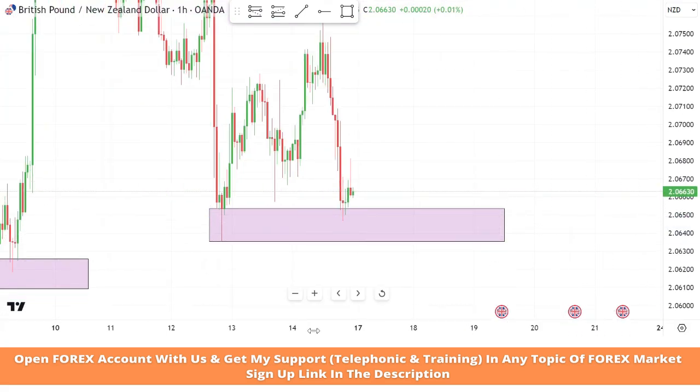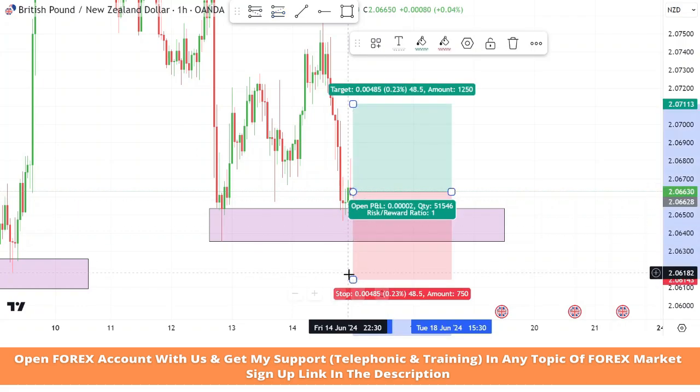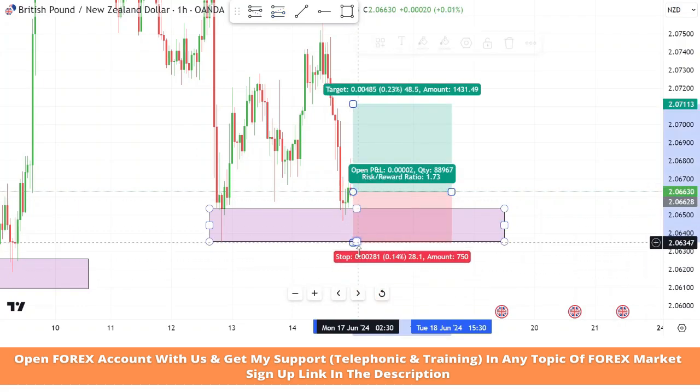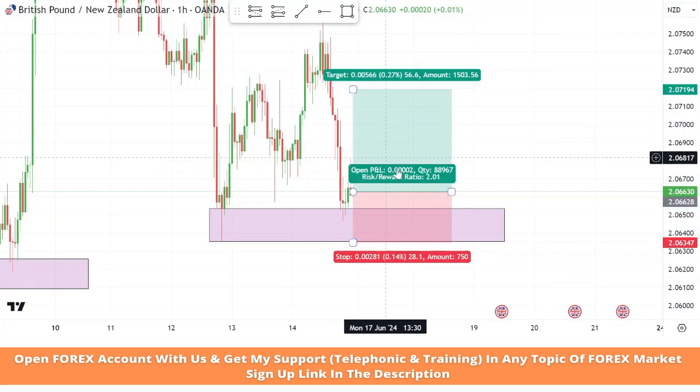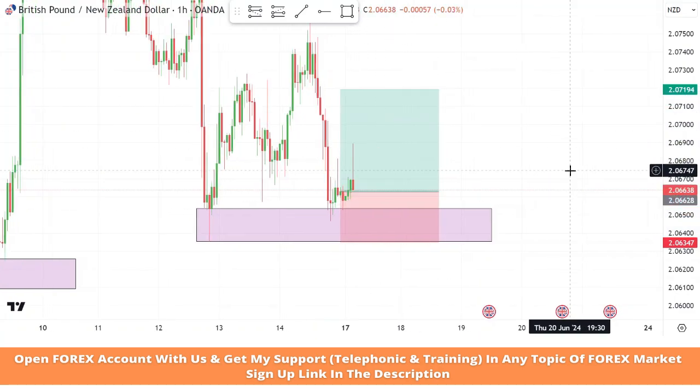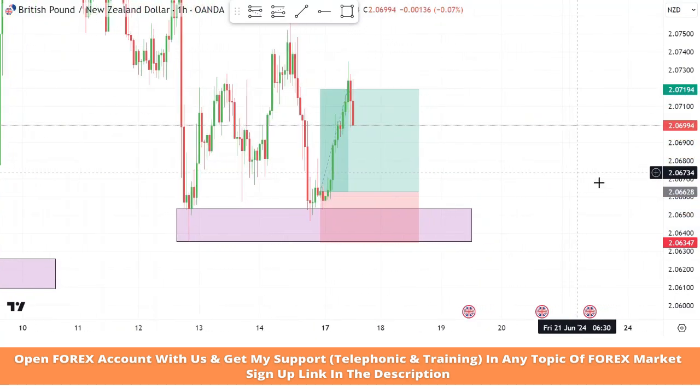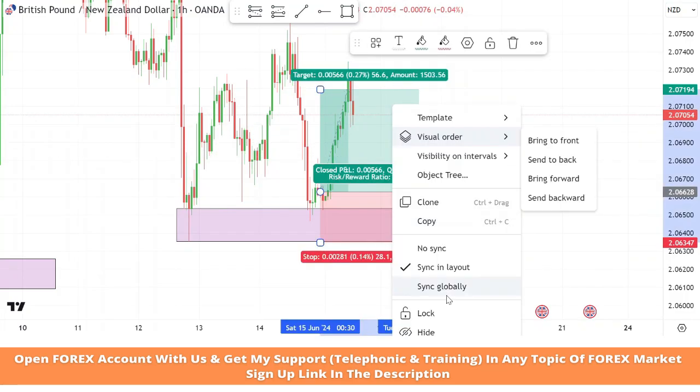Market also got rejection from support zone 2. It's a confirmation of buy trade. We will set stop loss at support area and risk to reward will be 1:2. We won this trade on this level.